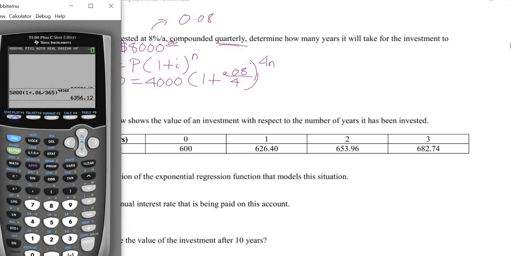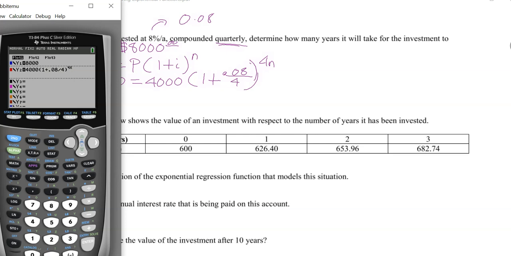Okay, let's just go here. We'll go to y equals, clear out what's in there. So I can put the 8,000. Then the next line, I'll put the 4,000, bracket 1 plus. Now, you can either do this in your head, 0.08 divided by 4 is 0.02, or just enter it, 0.08 divided by 4, to the power of 4x. So when we solve this for x, we will get the number of years, right?